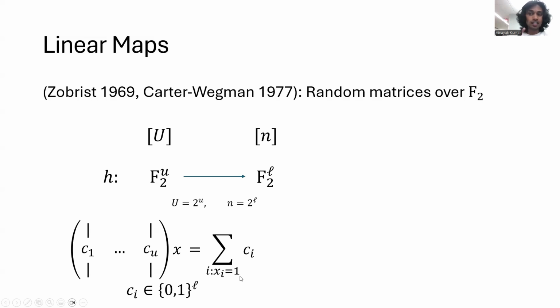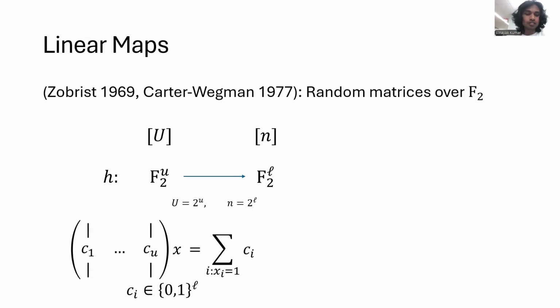So what this tells us is first, the storage of this hash function is simply log n squared, because that's how many bits are in this matrix. And second, we will only do up to log n many XORs in order to evaluate our hash function. So there's no finite field multiplication, no modular arithmetic. It's all just XORing strings together.